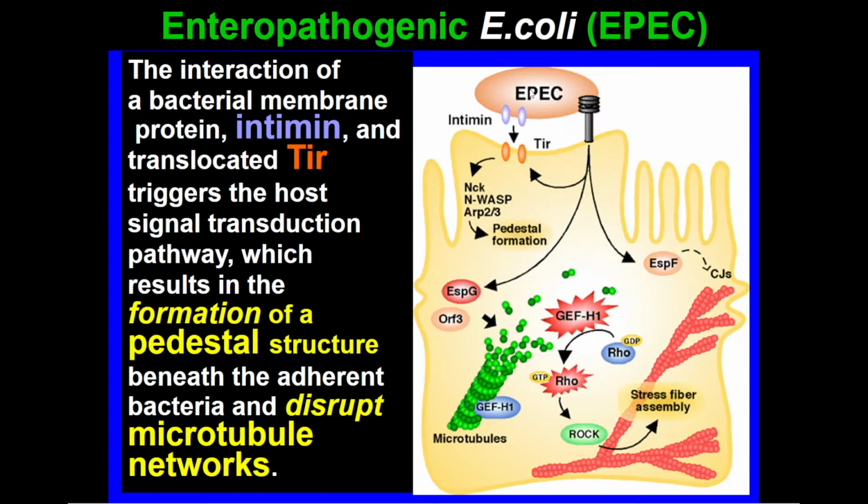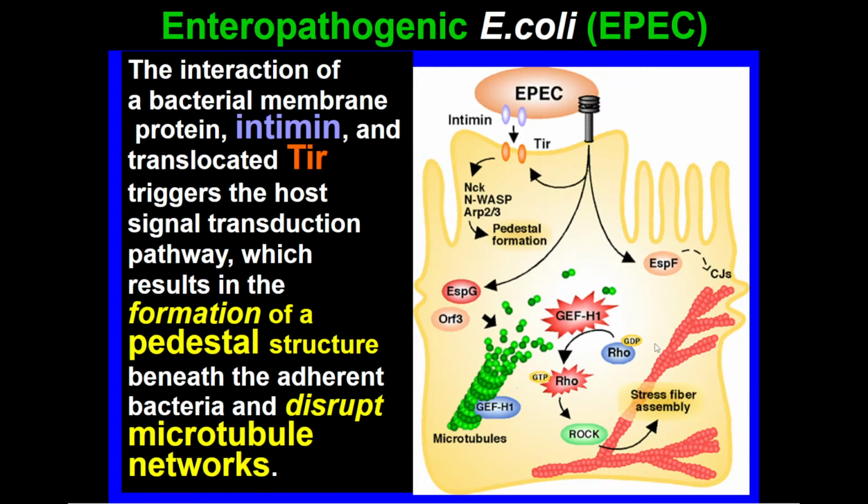So they bind with membrane proteins that are called intimins. This causes signal transduction from outside the cell to inside the cell through several signaling mechanisms. What happens inside the cell as a result?